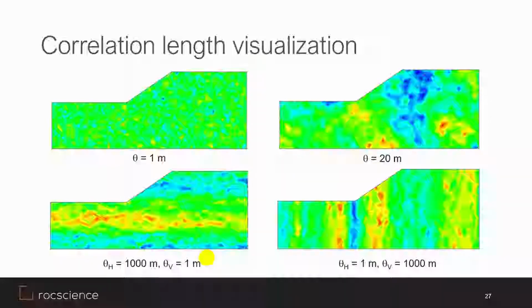As you can see here, we have horizontal regions with similar values of soil property. The opposite is the right bottom figure, where the horizontal spatial correlation length is 1 meter, which is small compared to the vertical spatial correlation length, which is 1000 meters. As you can see, in this case, we have vertical layers of material with the same soil.